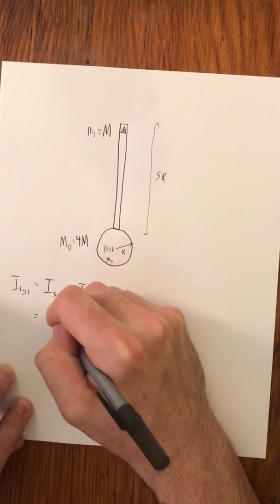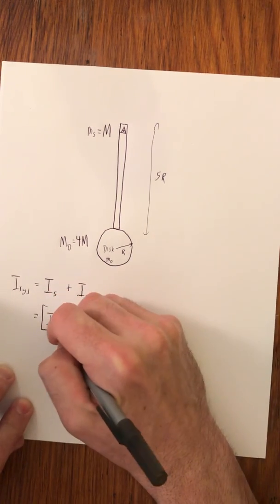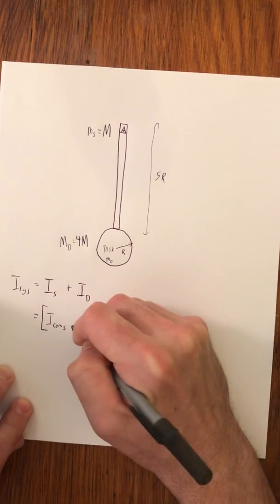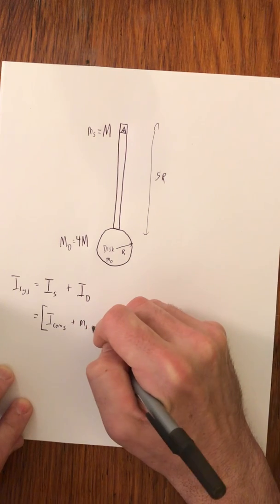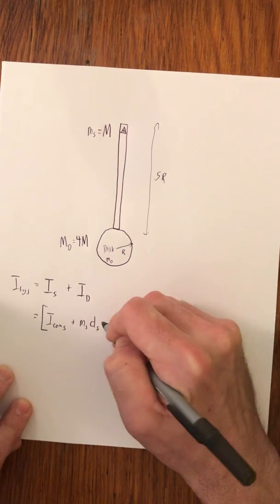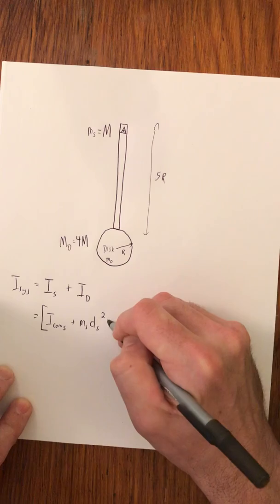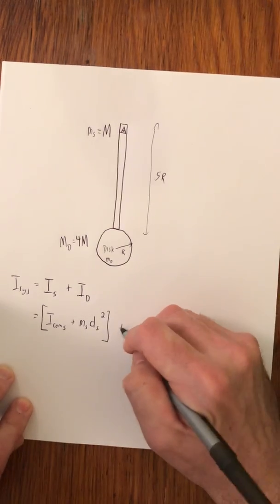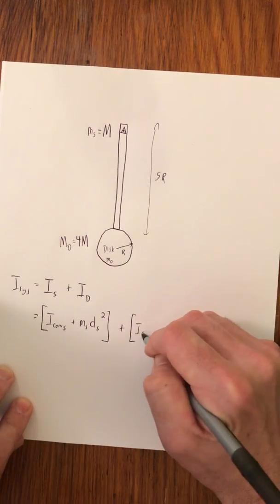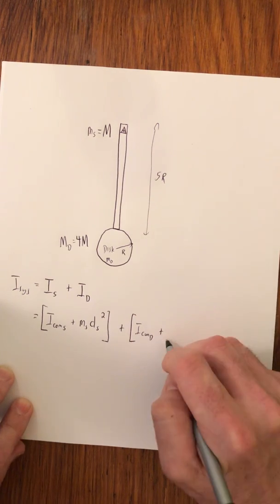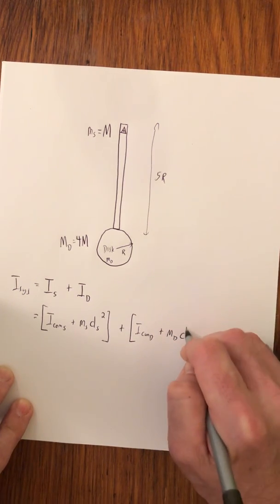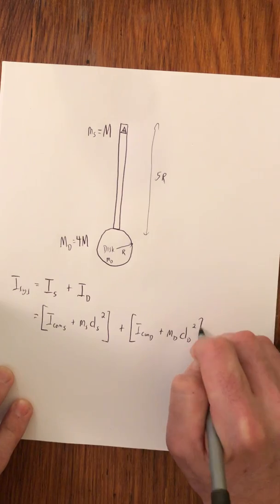So I of the stick is just going to become I COM of the stick plus mass of the stick times the shifting factor for the stick squared, right? And then separately, I COM for the disc plus mass of the disc times d for the disc squared.